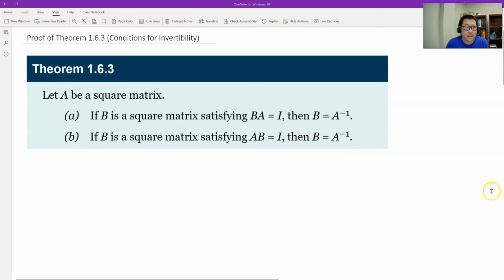This is super important because the theorem simplifies our definition of the inverse matrix.